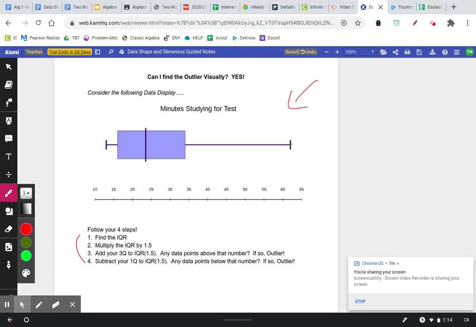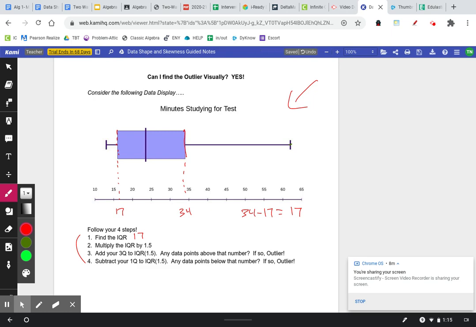It says find the IQR. So we go to quartile 3, which looks like it's at about, we'll call it 34. And we have quartile 1, which is at about, we'll call that 17. We need to subtract, right? We have 34 minus 17 to get the IQR. That's 17. So the IQR is 17. It says multiply the IQR by 1.5.